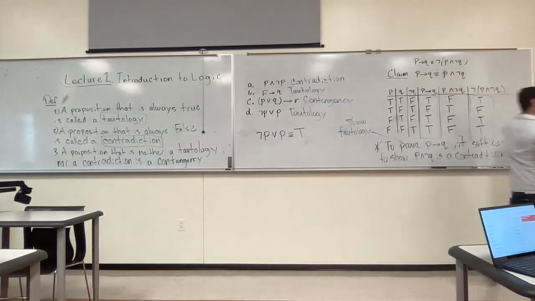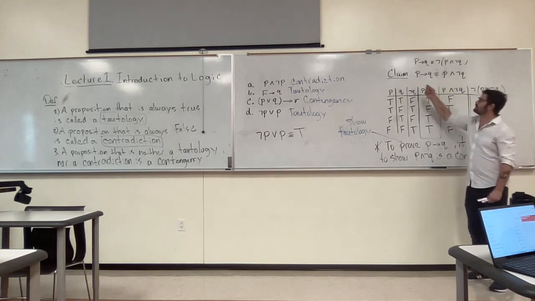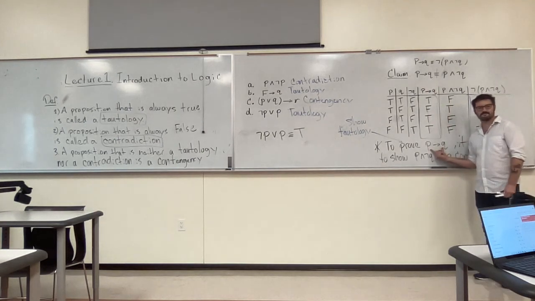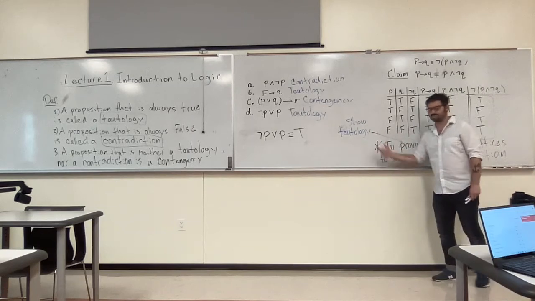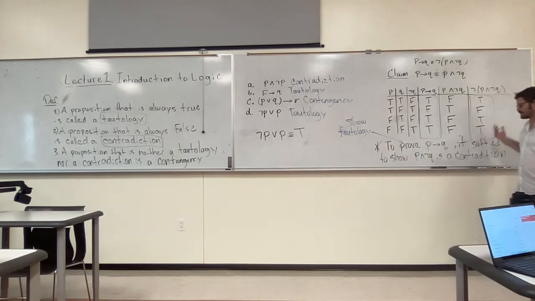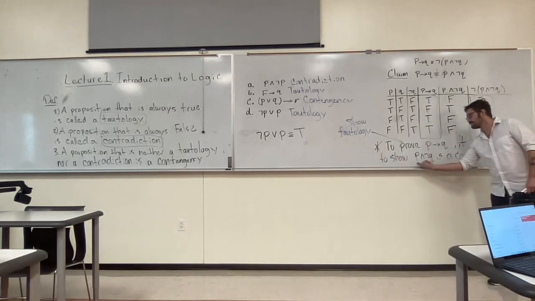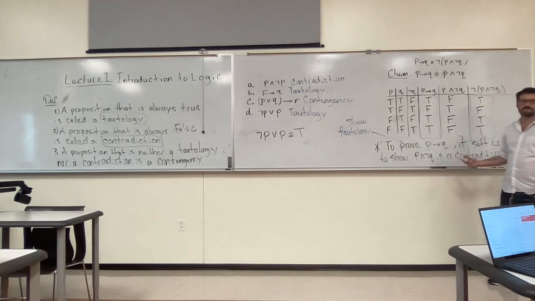It's right in front of you, but it's a little difficult to see at this point. We want to show that this is always true. That's our goal in a lot of instances. We want to argue that this is a tautology. Why is it the same to show that this is a contradiction?